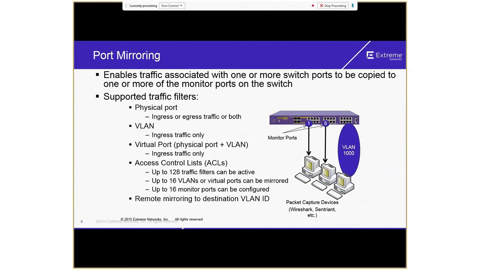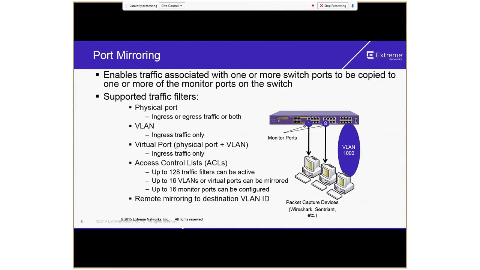The most important thing to note is that the monitor ports will not belong to any particular VLAN. So when you're configuring the monitor ports, the switch would throw up a message telling you that the monitor ports cannot belong to any particular VLAN, and they will be removed from any VLAN.